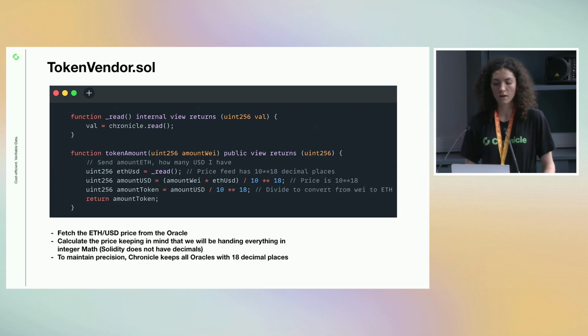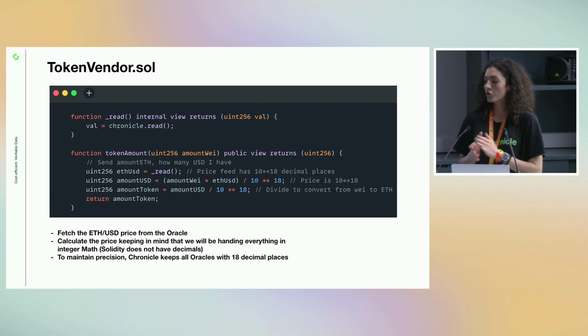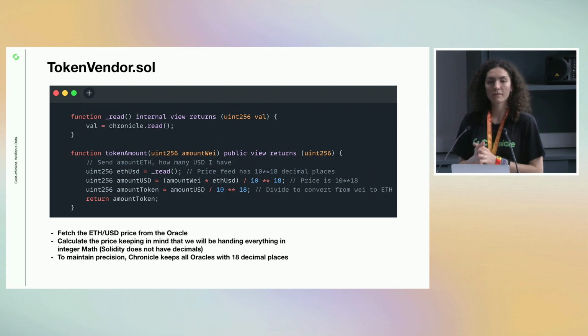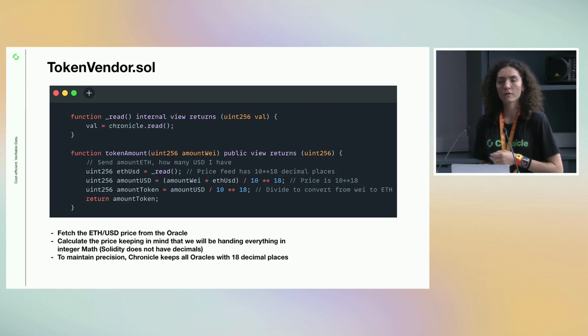We're going to read from this Chronicle that we did in the previous step, and then we have the token amount function. In the token amount function, we basically calculate the price, keeping in mind that we deal with 18 decimal places precision. If you used other oracles in the past, maybe you've seen that they have different decimal places.